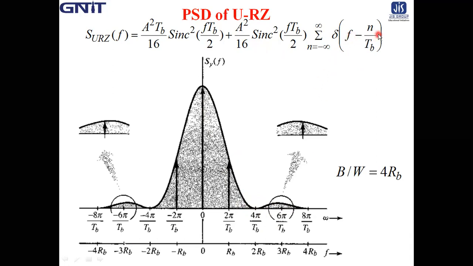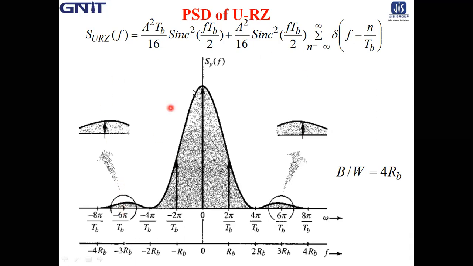Now again the sinc pulse comes to 3/TB, that means 3RB for n equal to 3. So here again, see the zoomed view or larger view. Here again an impulse is present, similarly here, and minus 3RB also.